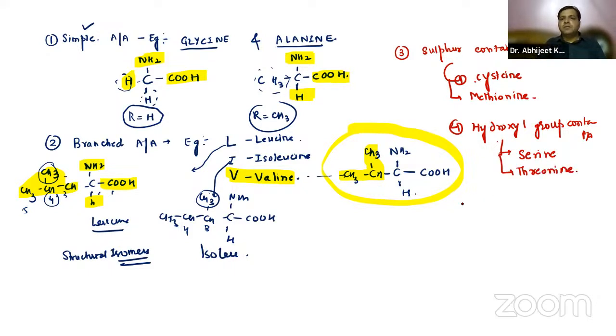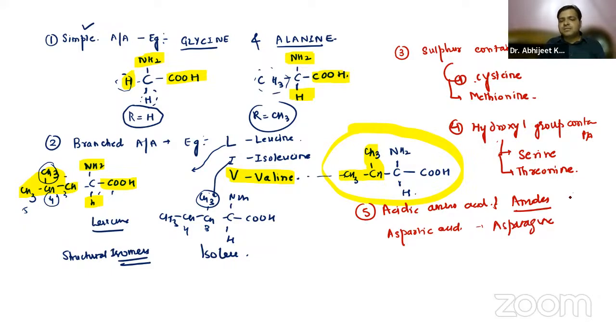Then the fifth one, we have acidic amino acids and amides. We have aspartic acid, and the amide will be asparagine.